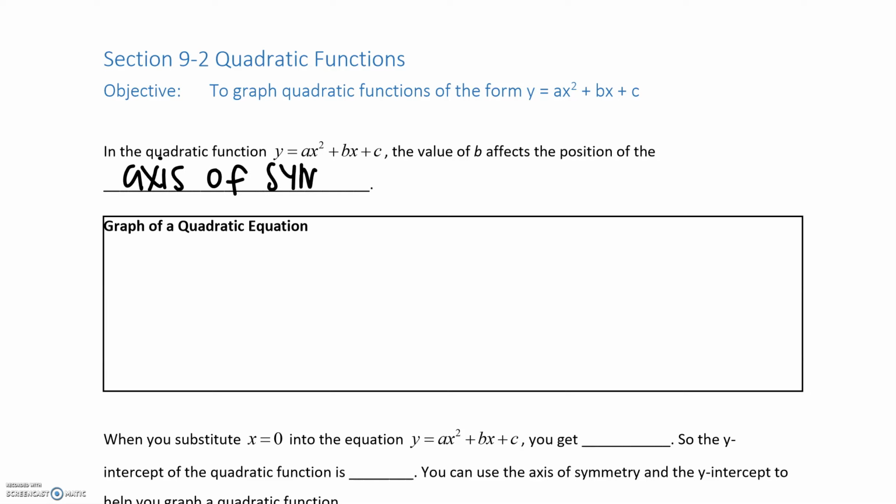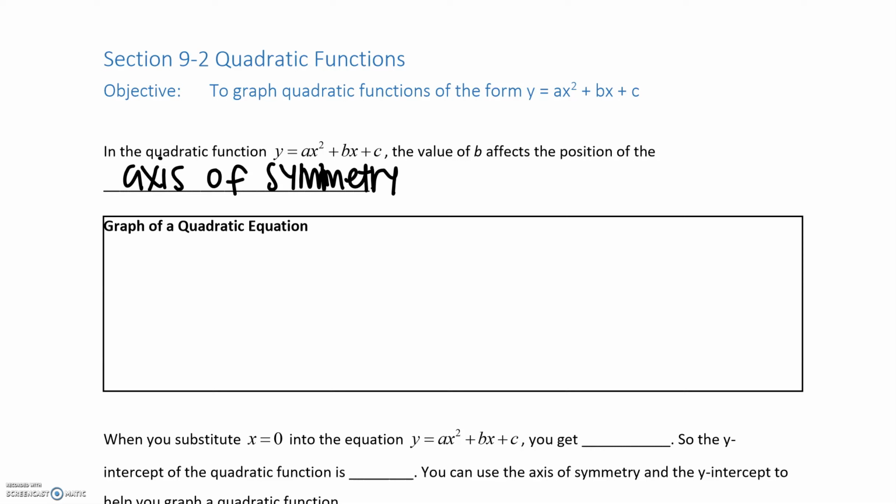Okay, so our axis of symmetry, remember, is that line that if we drew it through our parabola, it would cut it in half, to where if we folded both sides together like a book, they would match up evenly.